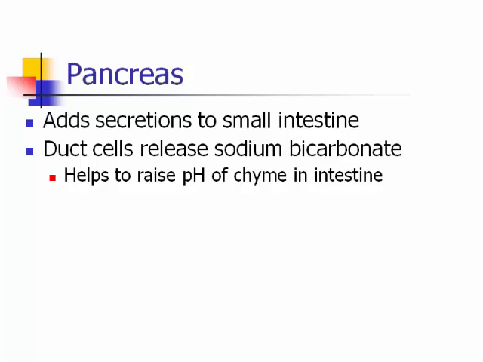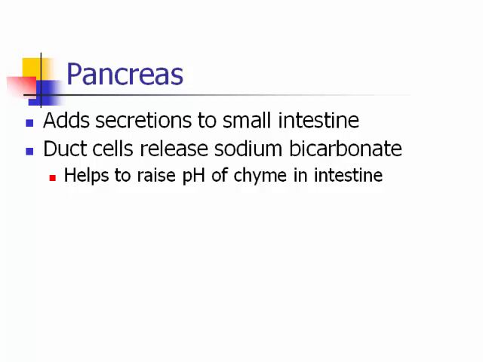It's a base. So what would it do to the pH of the small intestine? It would make it go up. It would increase. Perfect, because we've just come from the stomach where the pH is 1 or 2, sure. And then we get to the small intestine, we've got to increase the pH.